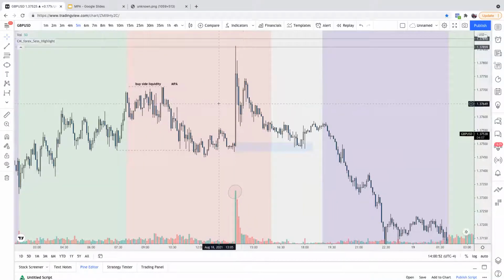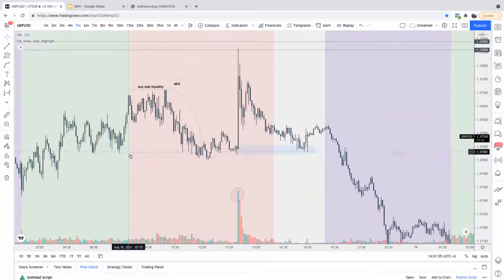So come New York, having this MPA move here, this buy side liquidity created here, the MPA move here, the manipulative price action, enticing retail to sell here. So then we sweep that buy side liquidity there, right?